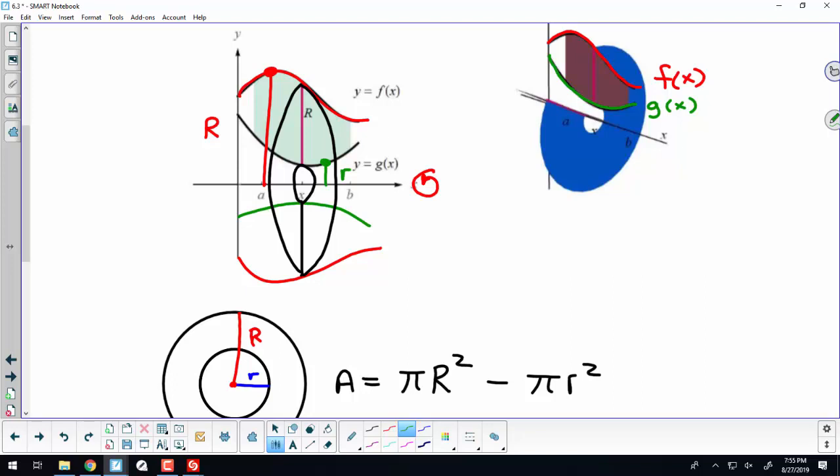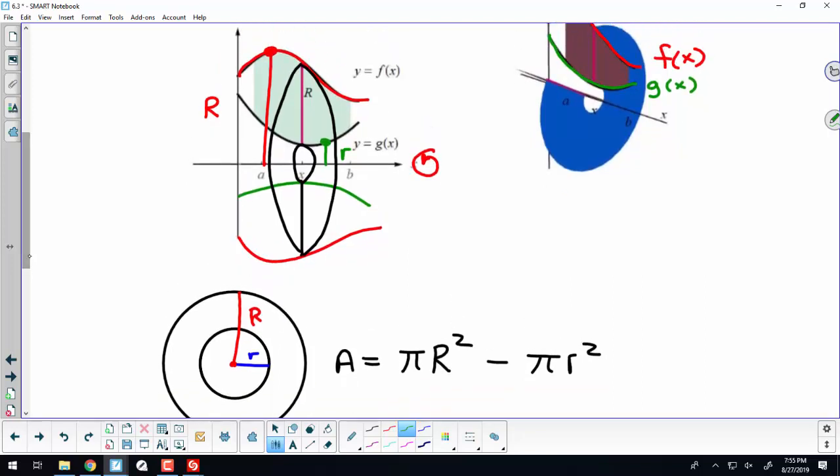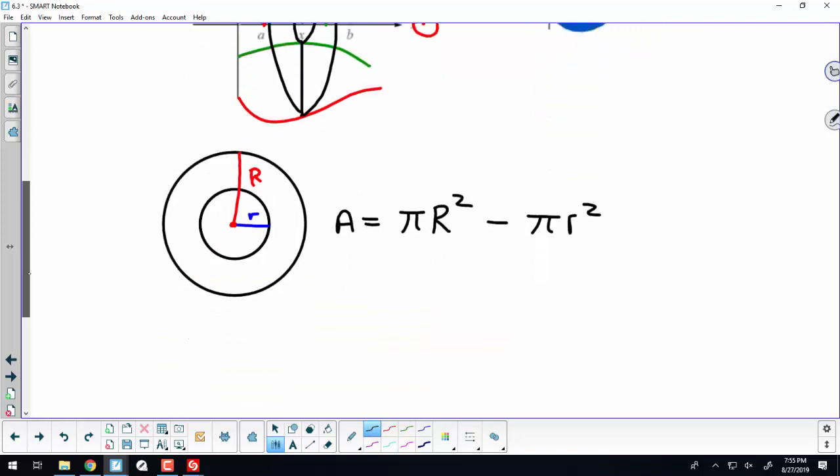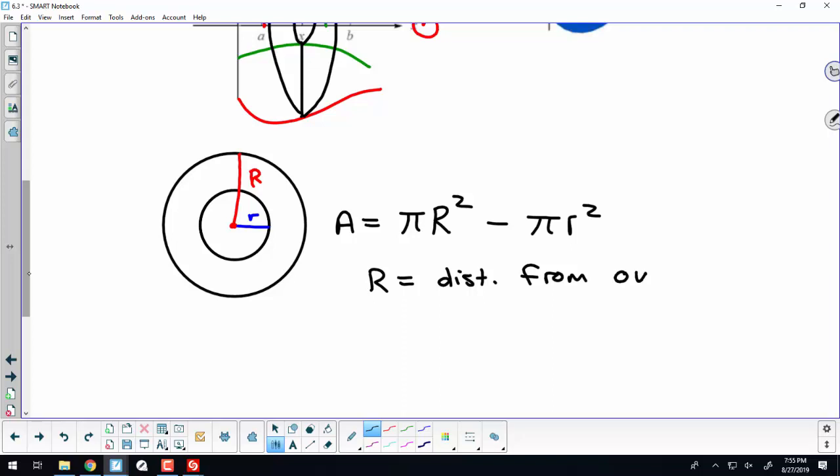So how this works out is that capital R, in terms of f and g, is the distance from the outside function to the axis of revolution.